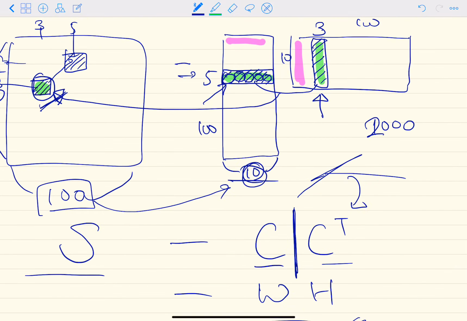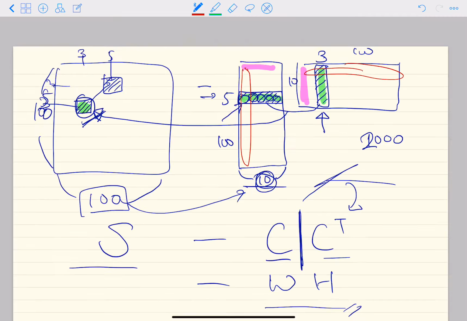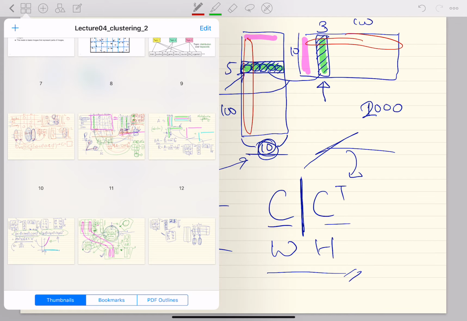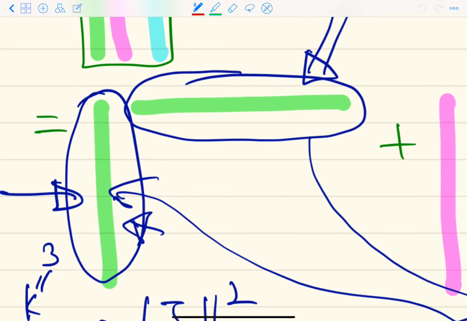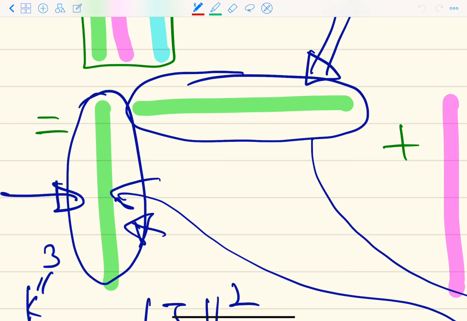In that case, we can view it as a rank 1 outer product of this column and row, and the second column and row, and so on, right? It is still possible, but let's consider this guy.